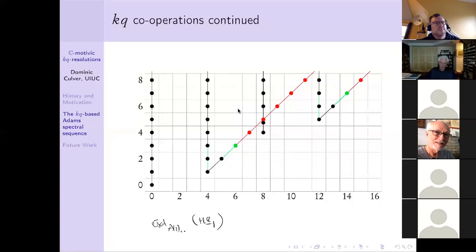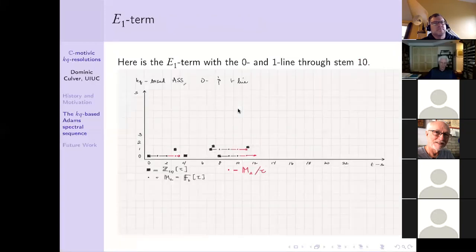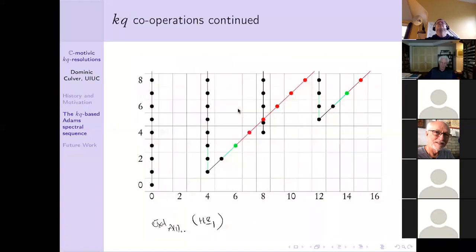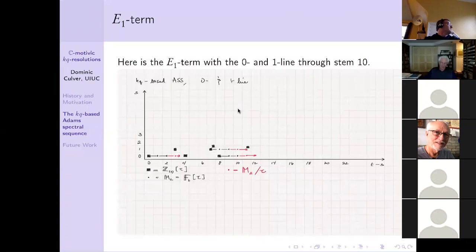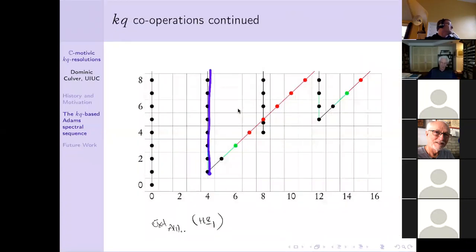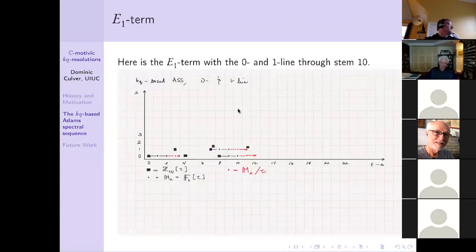Okay, so now I can put this into this picture of the E1 page of the kq-based Atiyah-Hirzebruch spectral sequence. This first black box is coming from this over here, and the second black box is coming from this over here, and then you get this eta tower over here, and then you get another black box.